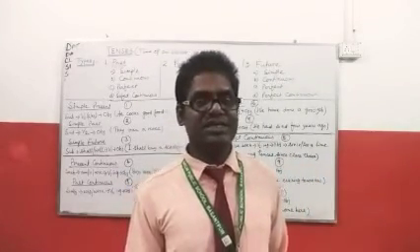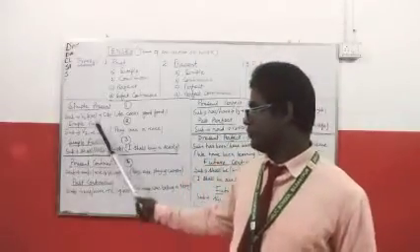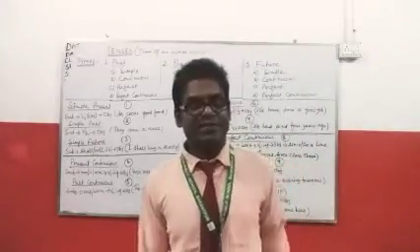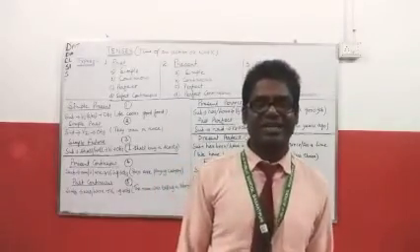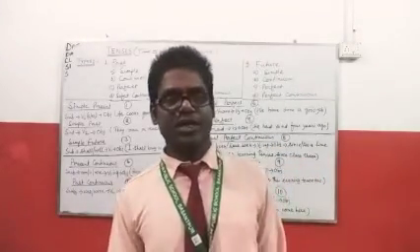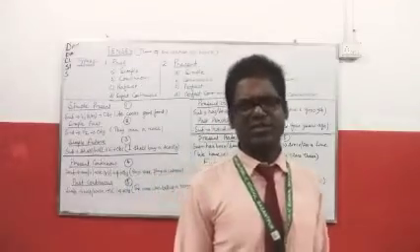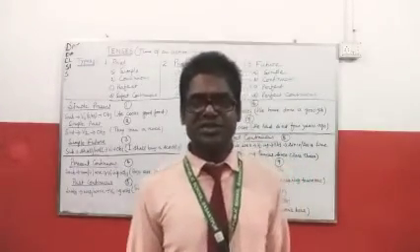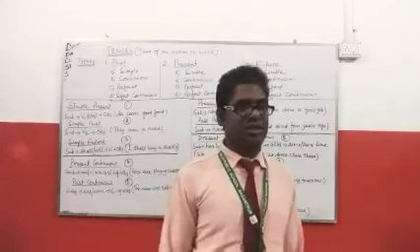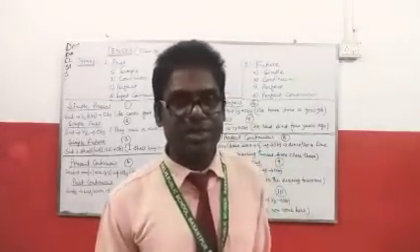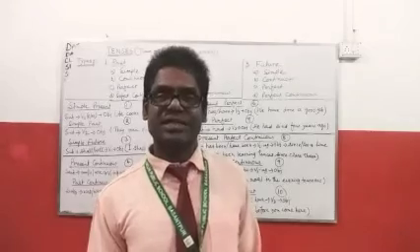So in this tense we must use the first form of the verb. And if the subject is third person singular number, we must add s or es to the verb. You know third person: I is first person, you second person, and all the rest are third person.